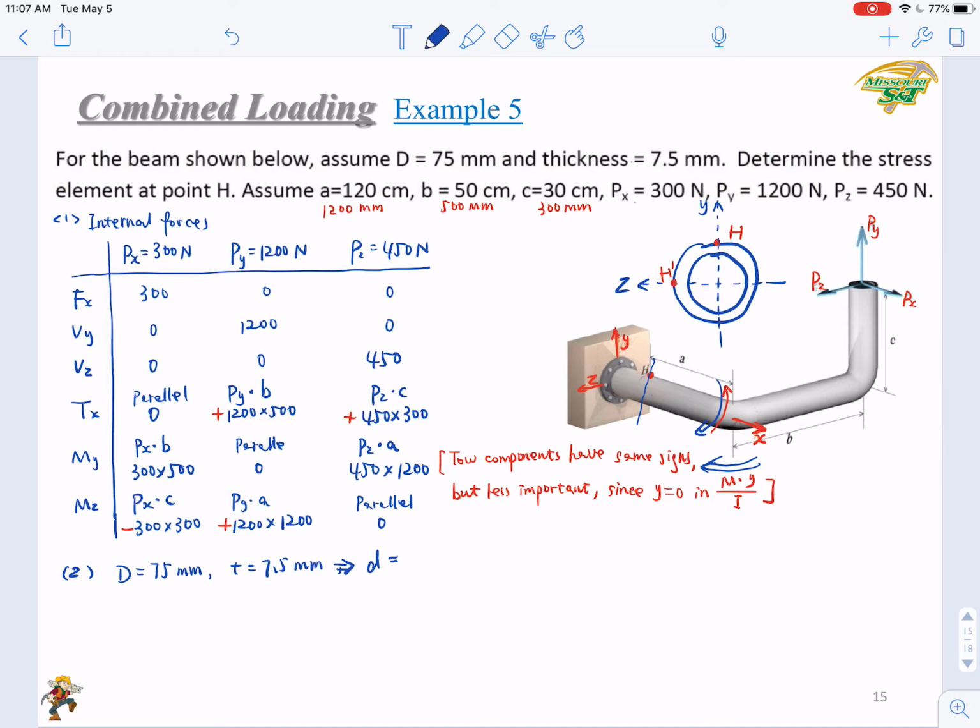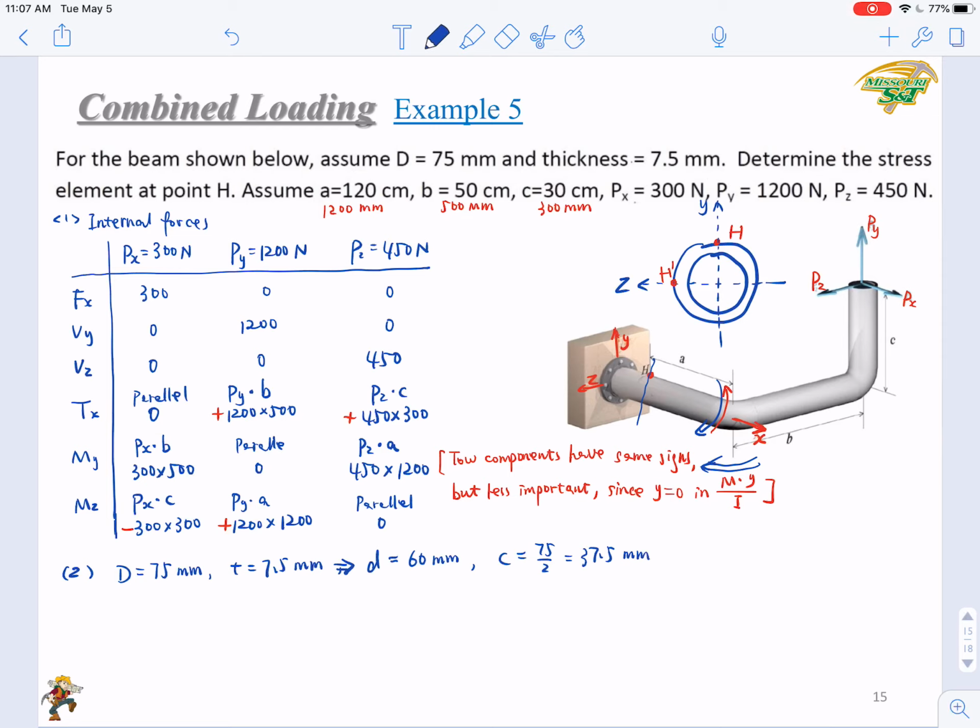That will be 60. Then C is just the distance from point H to the centroid, right? This C will be half of the external diameter. That will be 75 over 2, 37.5.